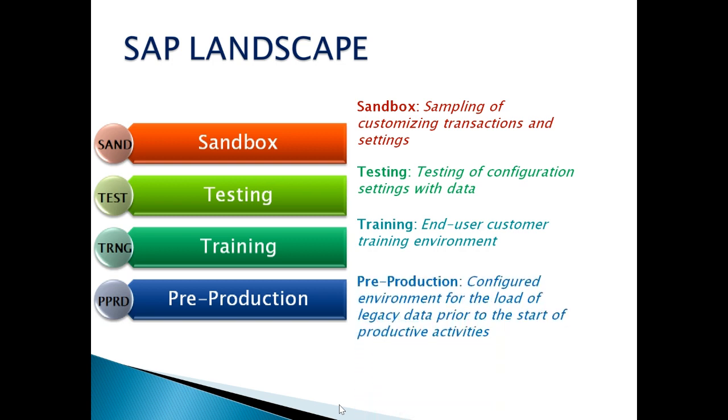Next is the pre-production system. This is a system which is already configured with all the configurations by the SAP consultants, and it is to validate or test the load of legacy data prior to the start of productive activities.